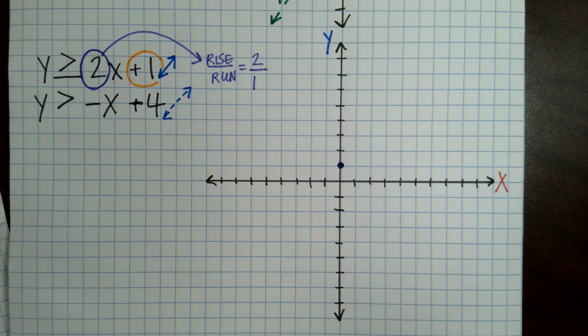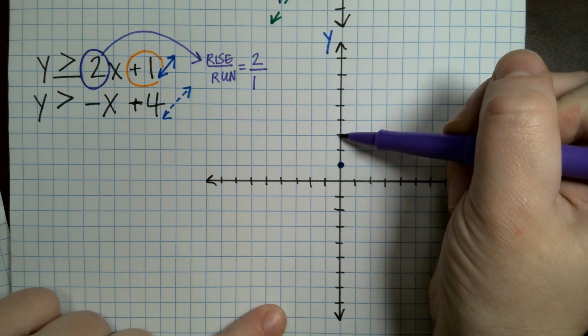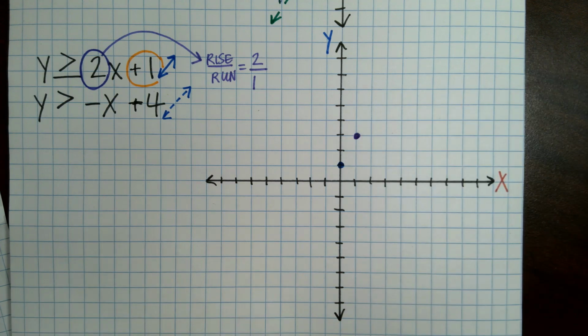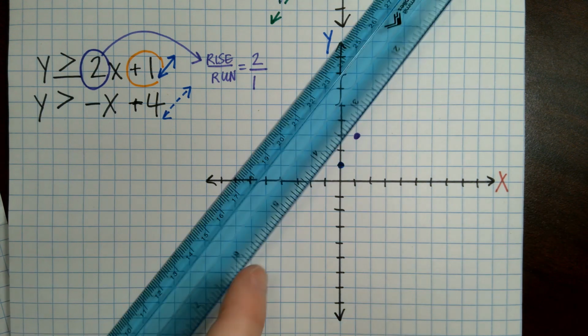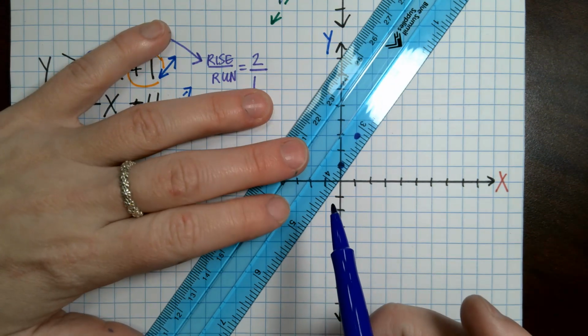So our rise is 2, our run is 1. That means we're going to go up 2 and over 1. So there's our first line. Is this line going to be solid or dotted? Solid. Let's go ahead and draw that solid line, just so we've already got it on there.